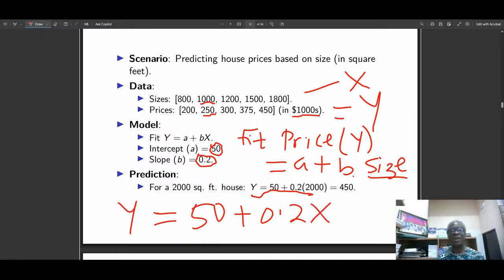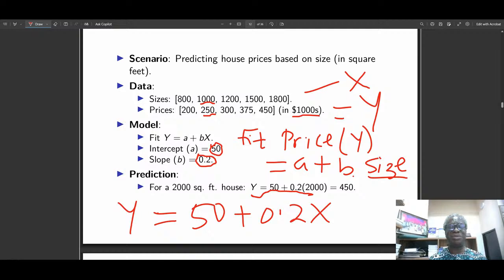So which means this 50 represents the price of the house when the size of the house is 0.